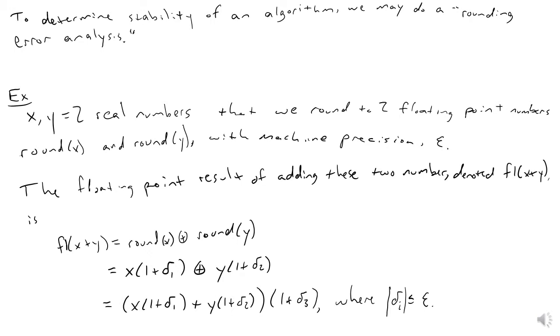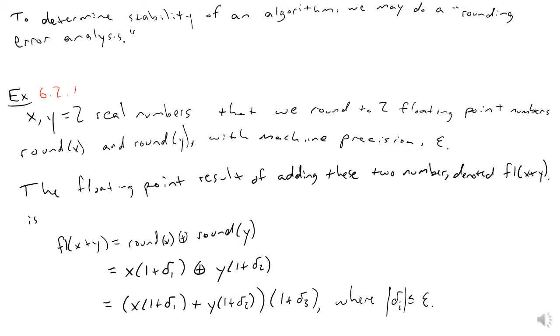So the example they give in the book, example 6.2.1, the setup here is they're going to do a rounding error analysis in two different ways. One's called a forward error analysis, the other's called a backward error analysis. So what we're dealing with is we have two real numbers, x and y.